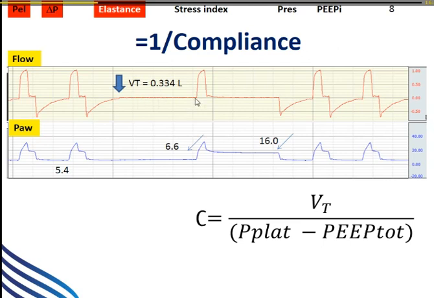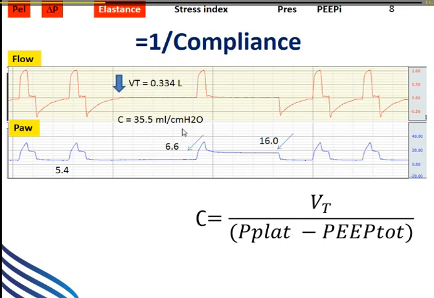And here we have made a measurement at 0 flow. From these three numbers, we can compute the compliance as the ratio of tidal volume to driving pressure. And we got a 36 ml per centimeter of water compliance for the total respiratory system. The normal value is 100 ml per centimeter of water.